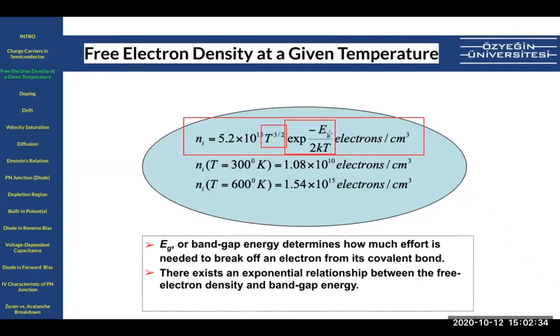So what is band gap energy? Band gap energy determines how much effort is needed to break off an electron from its covalent bonds. A structure like silicon or carbon or any other one has different band gap energies.